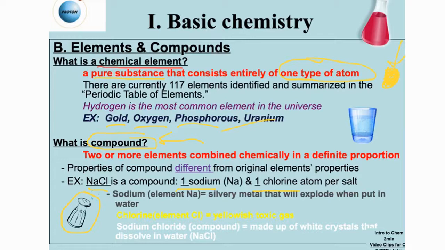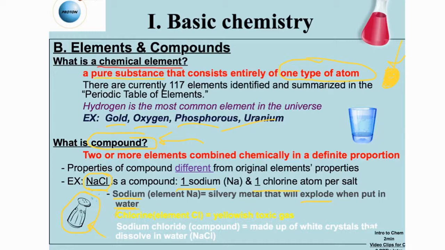Now, something I want you to see here is that the compounds that are made have nothing to do with the elements that make them up. So, for example, like I said, sodium chloride, salt, the stuff you spread on your French fries, it's made of sodium and chlorine. Well, sodium is an explosive metal that will blow up if you put it in water. Kind of a dangerous substance.